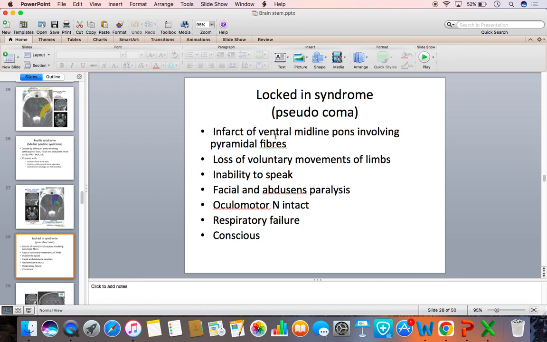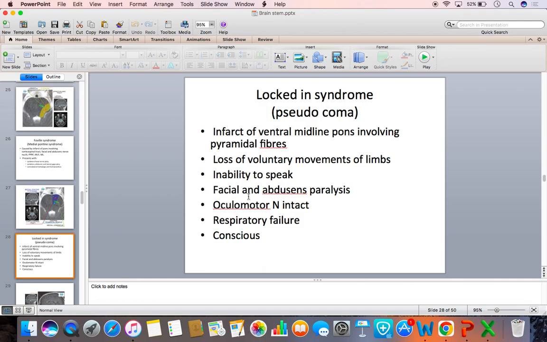Infarct of the ventral midline pons, wherein pyramidal fibers of both sides are affected and the facial and abducens nerves during their course at the pontomedullary junction.